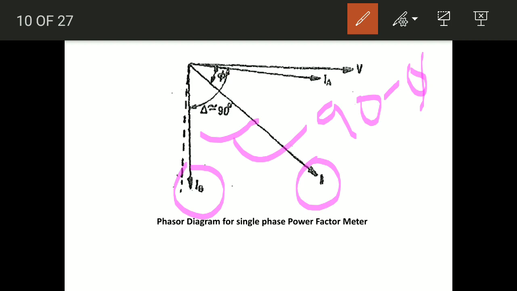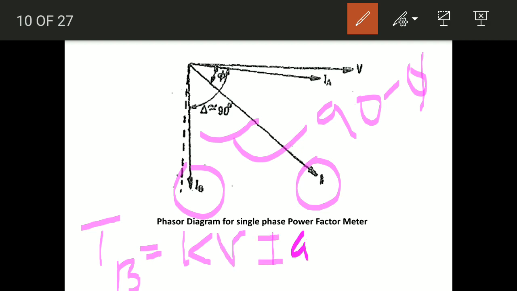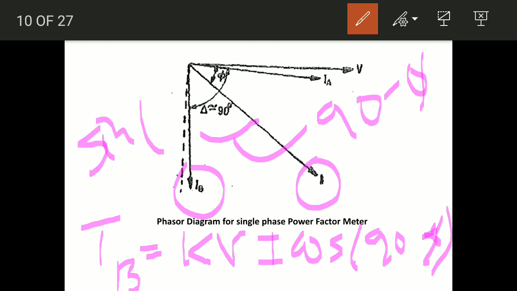So mathematically we can write the expression of deflection torque acting on coil B, which is TB, equal to K, the constant of proportionality, multiplied by V, multiplied by I, multiplied by cos of the phase angle between them, which is 90 minus phi, into sine of the angle of coil B with respect to the plane of reference.